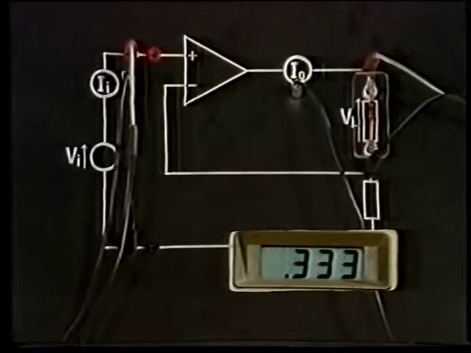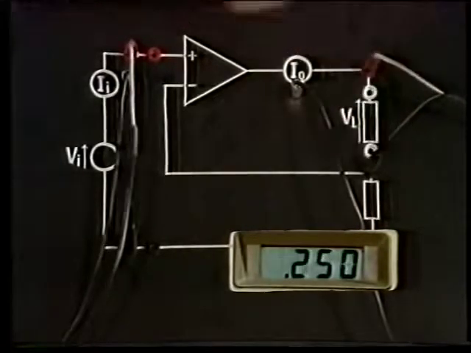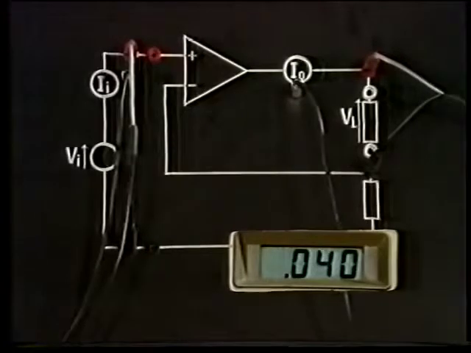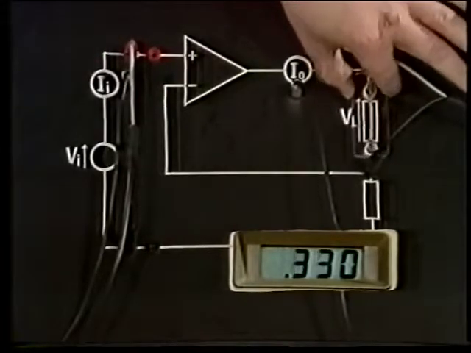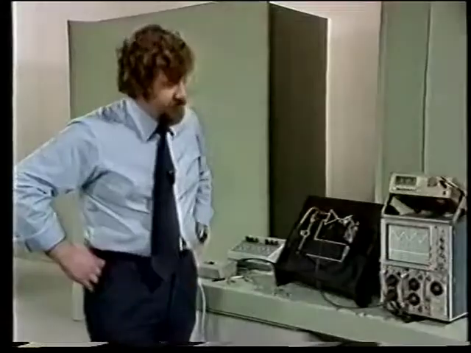So the current gain changes if the load resistance is large, but not if it's small. I wonder how small. I'll try a short circuit. Well, the output current comes back up to the 500 microamps. And that was the same as the 100 ohms and the 1 kilo ohm.